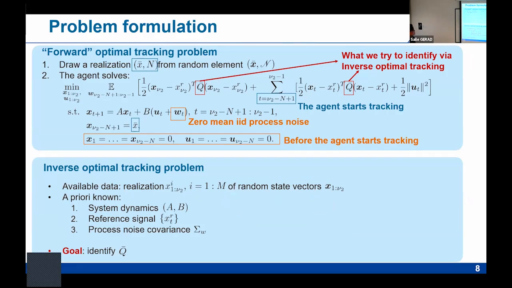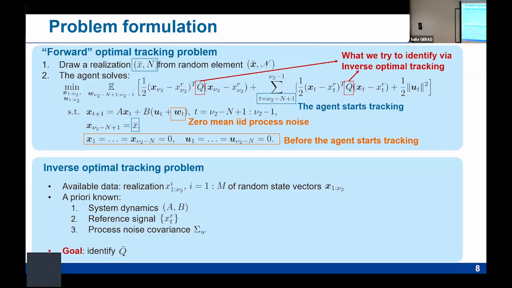So with this in mind, what we are trying to identify is the positive semi-definite matrix Q bar. This is the inverse optimal control tracking problem. What you have is the observed angular position X, and suppose that you have M trials. I assume these are IID samples, because the subject keeps trying.